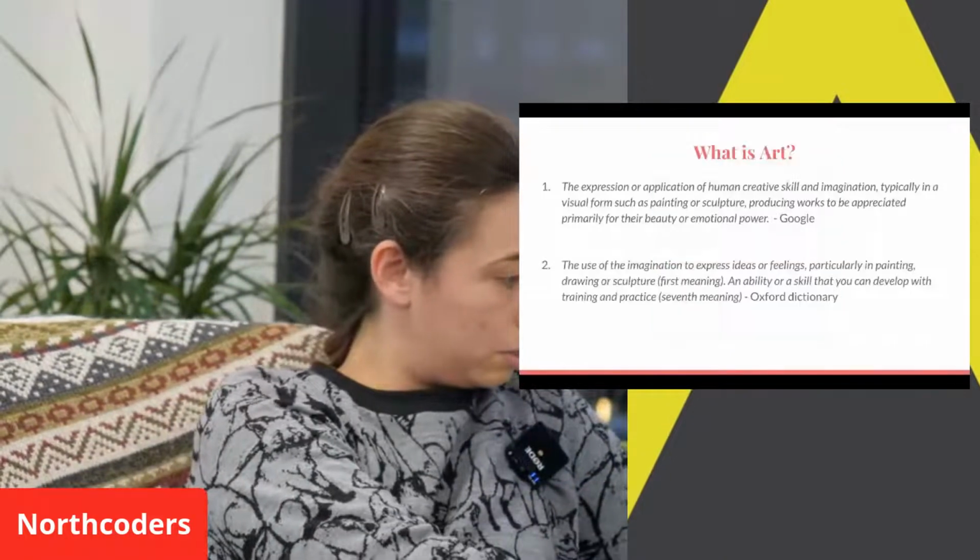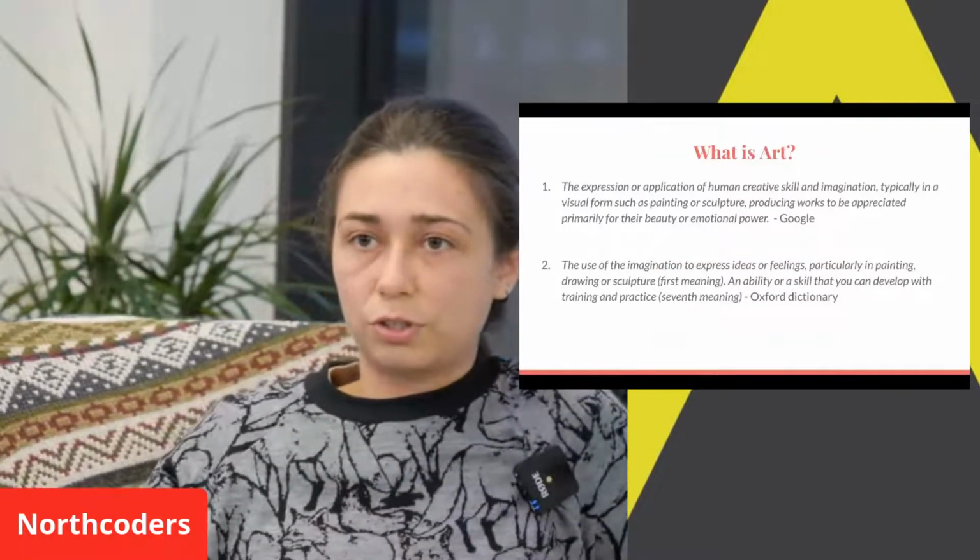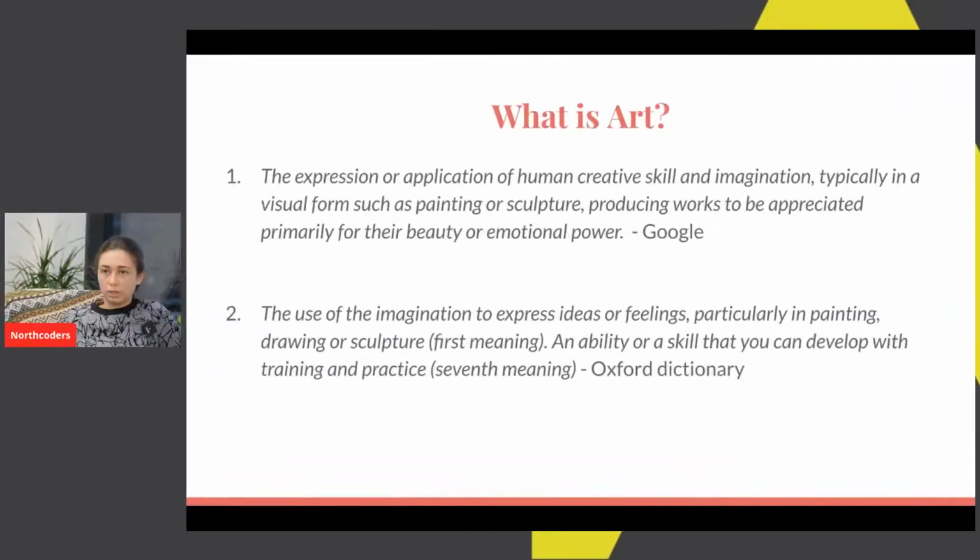Let's start with a brief discussion of what art actually is. I've put a couple of definitions on this slide, and I want to highlight a few bits that made an impression on me. The first one is just from a quick Google search, literally typed what is art into Google, and this is what it came up with: the expression or application of human creative skill.